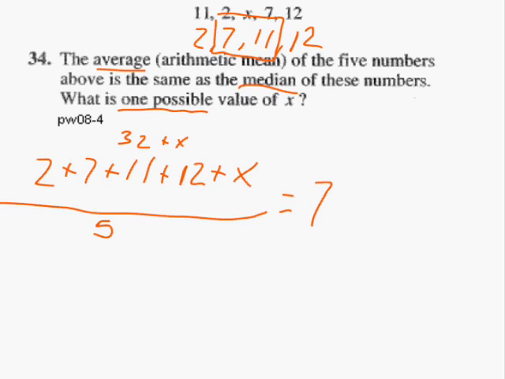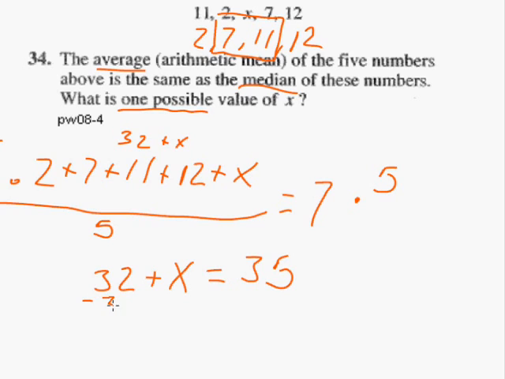So now what do we do? We multiply both sides by 5 so we don't have to deal with the fraction. Do unto one side as we do unto the other. We can do whatever we want as long as we do the same exact thing to both sides. So 32 plus x equals 35.